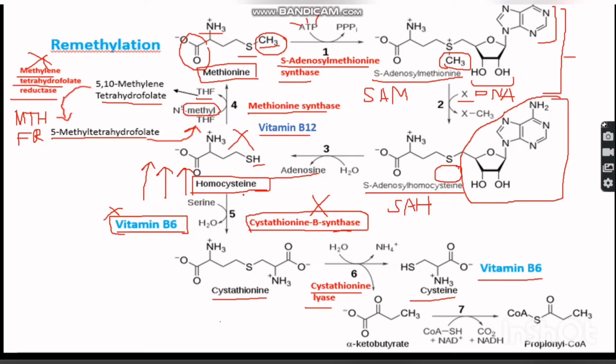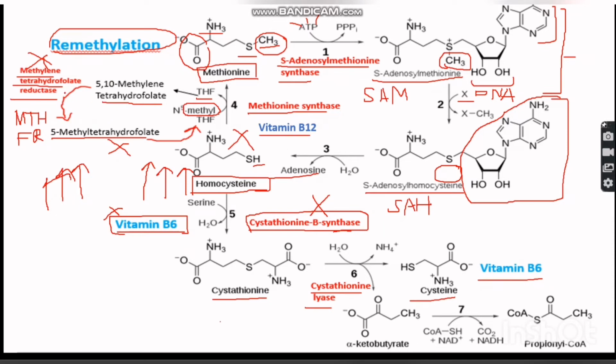Therefore, the level of homocysteine will increase. Why? Because it is not converted into methionine. The remethylation is not taking place. This small cycle is stopped, which leads to an elevated level of homocysteine. So this also leads to homocystinemia.